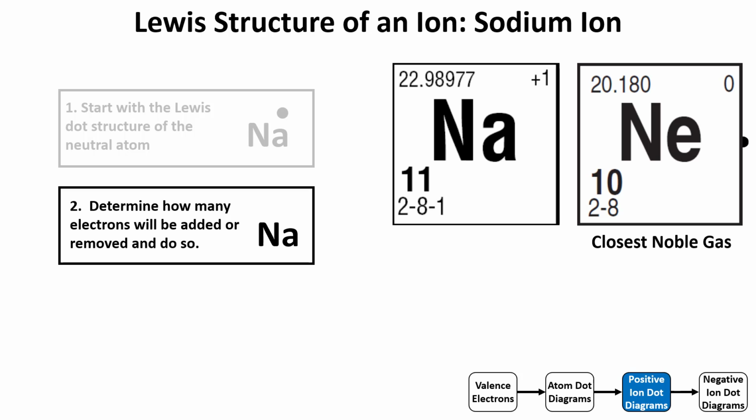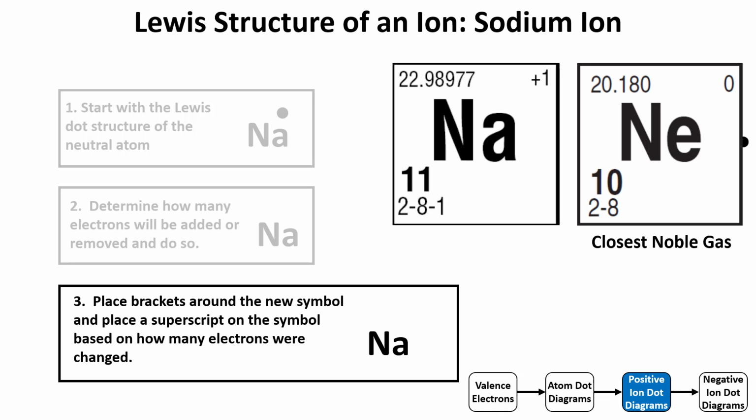All right, so finally, we're going to place brackets around the new symbol and place a superscript on the symbol based on how many electrons were changed. So we took away an electron, and that means there are more positive things in this atom than electrons, or negative things, because the number of protons didn't change.